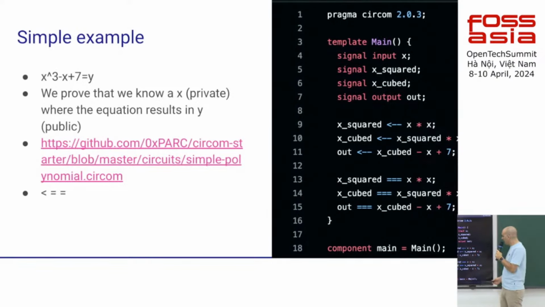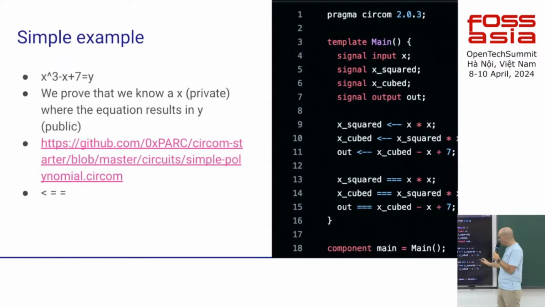We need to use x squared and x cubed because in this arithmetization we cannot have in one constraint more than a degree 2 polynomial. That's a constraint of the arithmetization, so that's why we need x squared and x cubed.